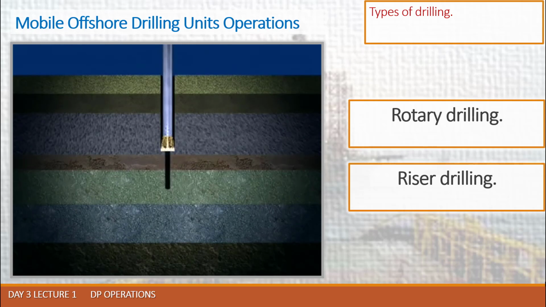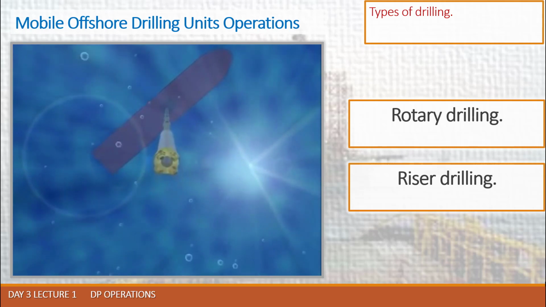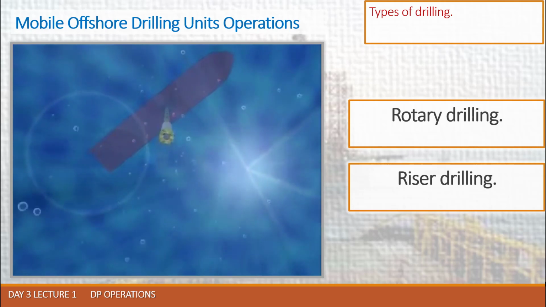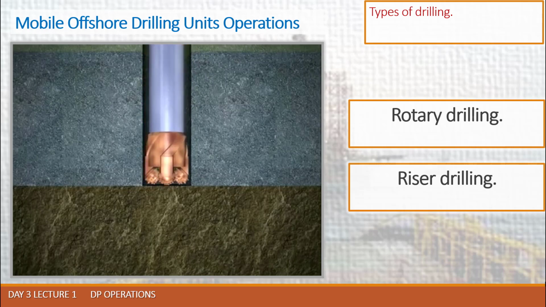This method is used until the piston core barrel can no longer penetrate the geological layers. Once harder geological strata are reached, the hydraulic piston corer is pulled up. For hard geological strata, the coring system is switched over to the rotary corer.